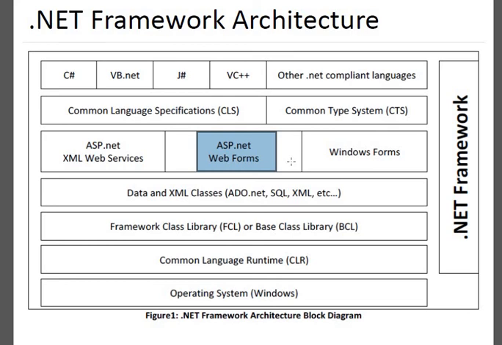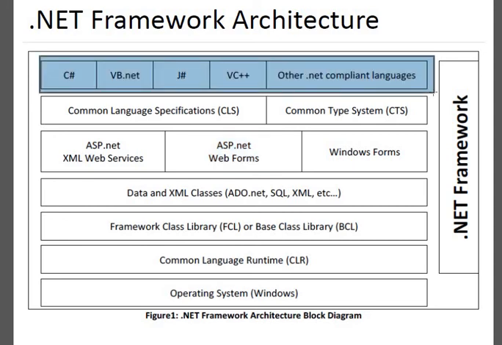So these are all the components of .NET framework, and one of the top components will mention that .NET supports multiple languages to run on the same platform: C#, VB, J#, VC++, and also lots of other .NET compliant languages are available which we can run in our .NET platform.